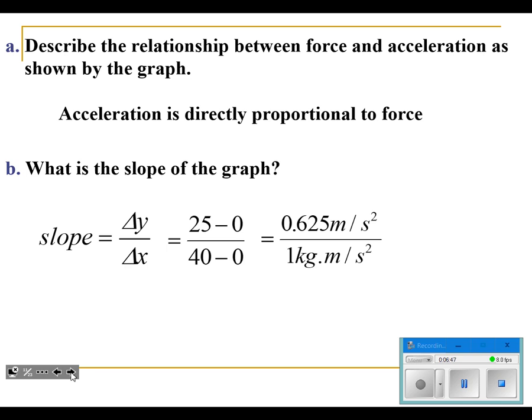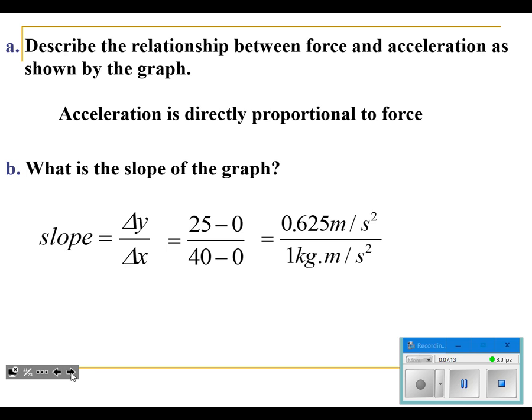Now, if we keep the units there, notice that we have meters per second squared on the top, and for force we have newtons, and newtons are made up of a kilogram meter per second squared. You don't know that yet, but you will, so that's why I'm telling it to you now. That's something we'll work on when we're learning about forces and that particular unit.